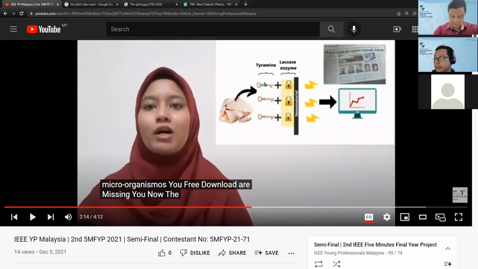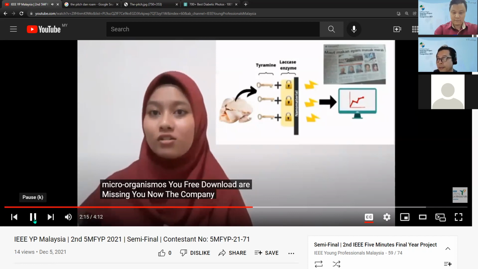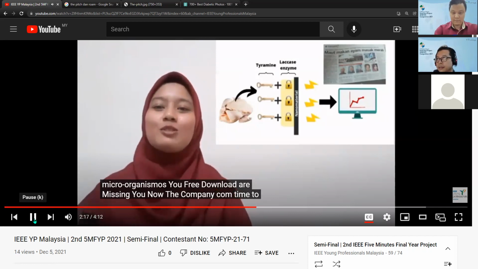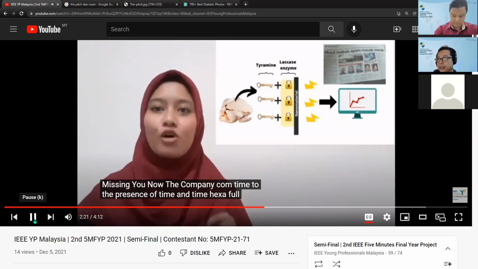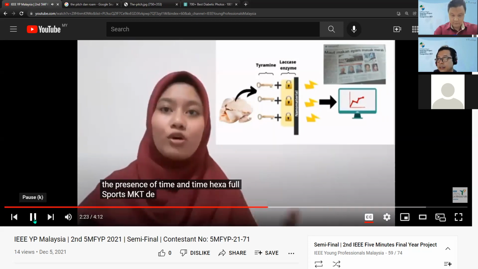So in this case, it helps when your presentation has a lot of difficult words, you have those words on these images here. So it could help not only your audience, but also in your story as well. Compound called tyramine. So, the presence of tyramine in chicken meat acts as a food spoilage indicator.